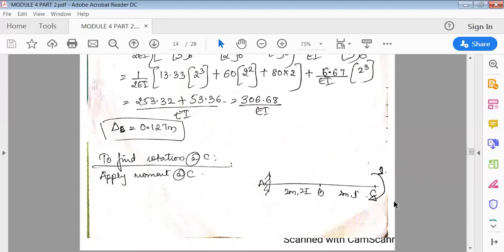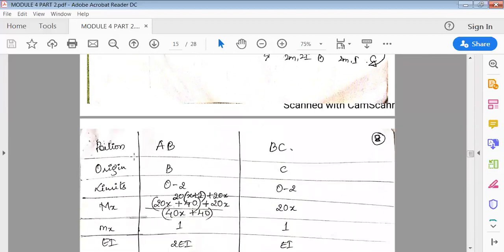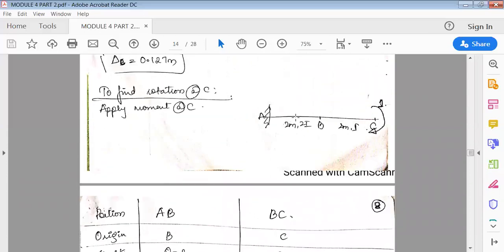So again here, to find rotation at C, there is no moment acting, so we'll apply a dummy moment, that is a 1 kilonewton meter moment. So apply the moment at C. We'll apply it like this, a clockwise moment.